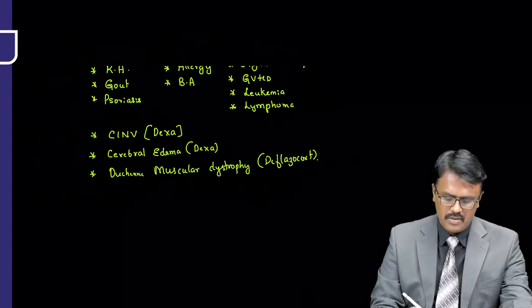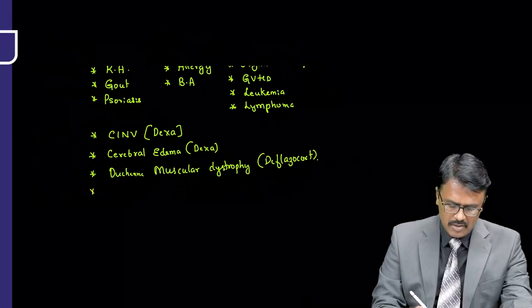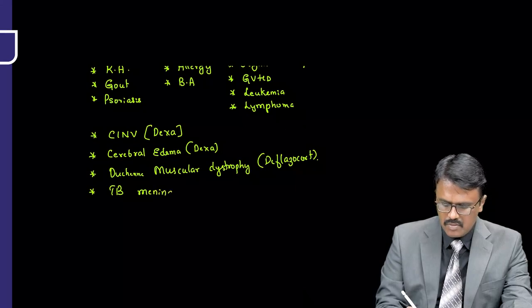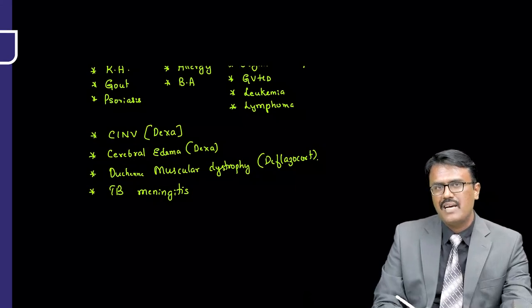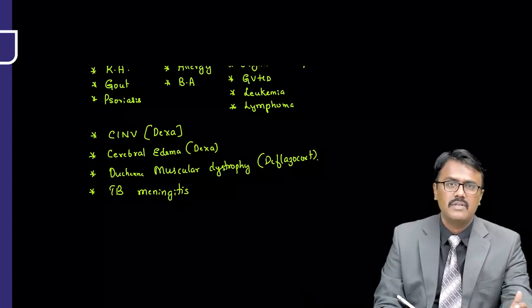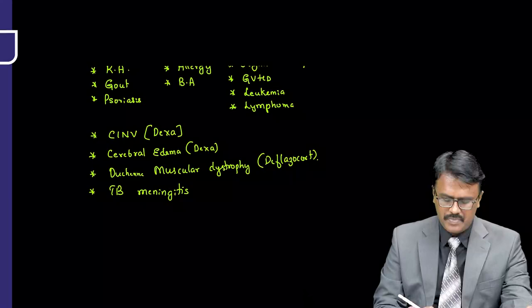So one use of the steroid I told you is Duchenne muscular dystrophy, it is deflazacort. They are also used in TB meningitis. Sir, now you told us TB we should not use it. I told you should not use it in ileocecal TB, which can cause perforation. In TB meningitis, if I don't suppress the inflammation, the patient may end up with seizures. So I have to use it for a brief period and then stop it.